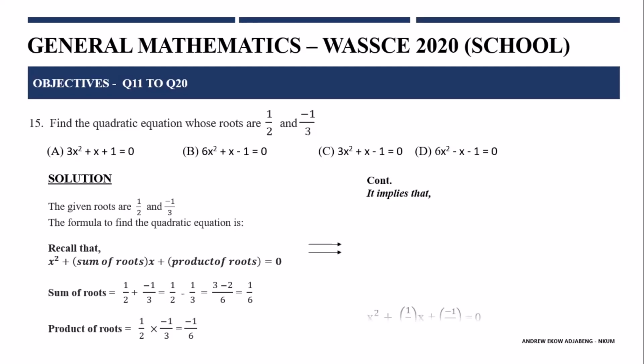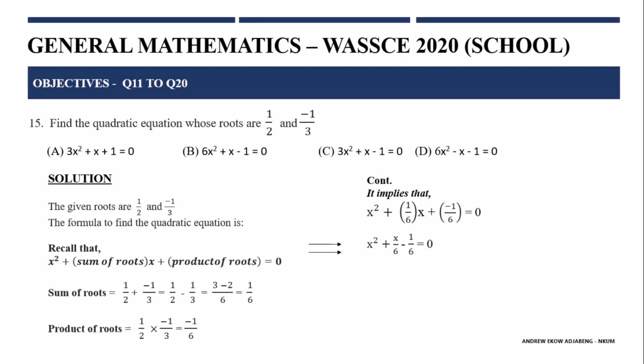This will imply that substituting our product of roots result and our sum of roots result into the main equation, we are going to have x squared plus 1/6 x plus -1/6 equals 0.